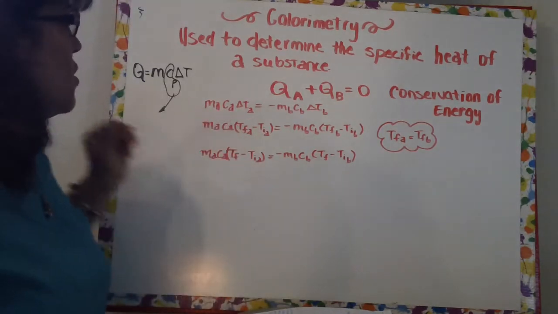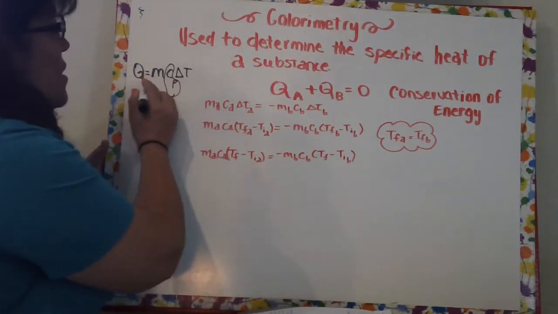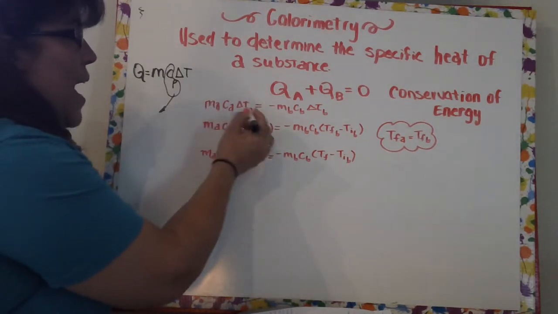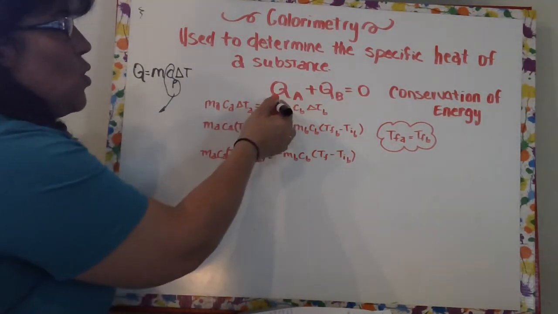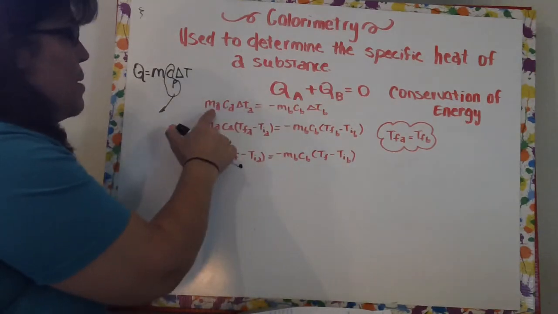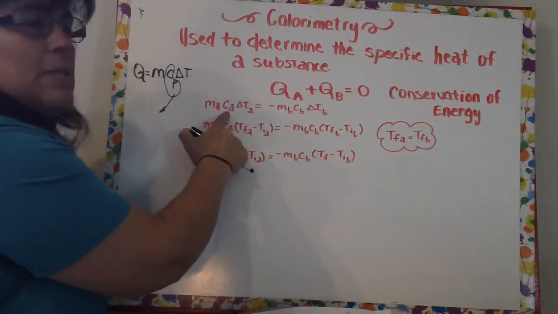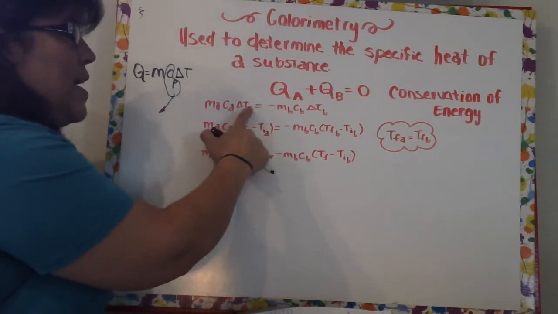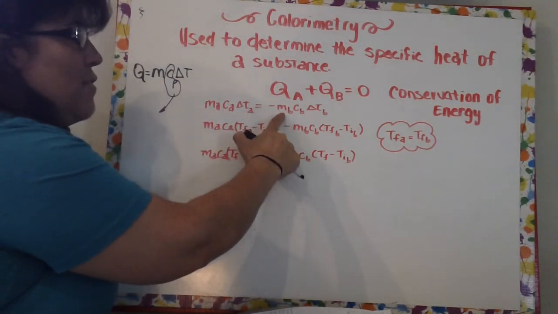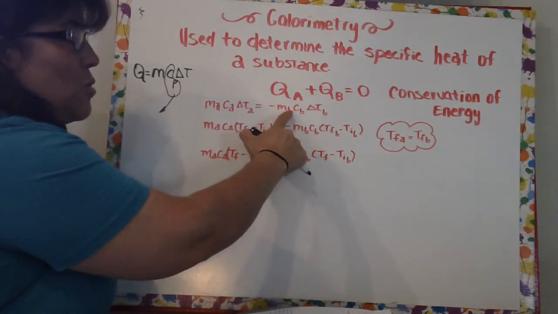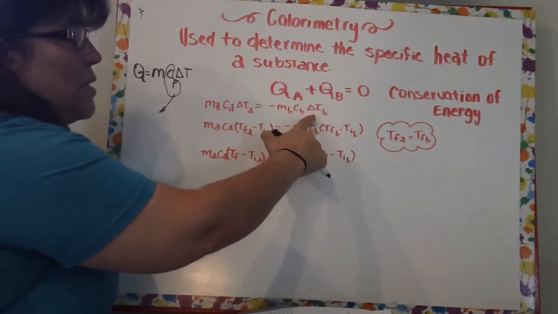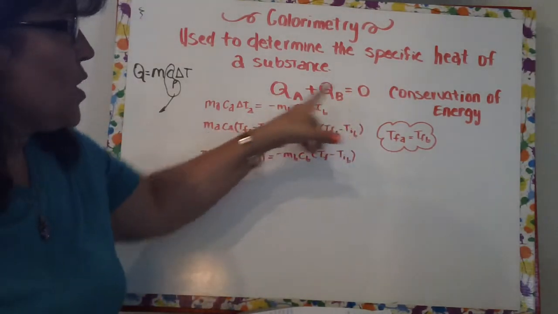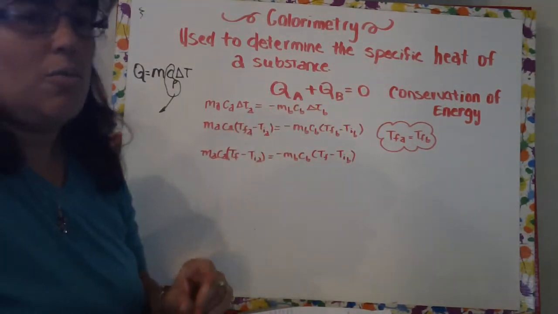If I use this equation, mCp delta T, for object A, the energy absorbed or given off by object A is the mass of object A times the specific heat of object A times the change in temperature of object A. And it has to equal the negative of the mass of object B times the specific heat of object B times the delta T of object B. So QA would equal negative QB.